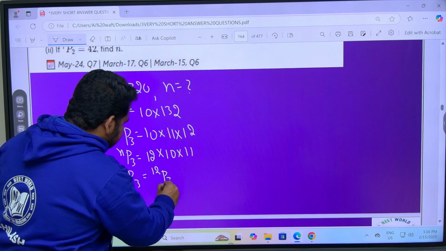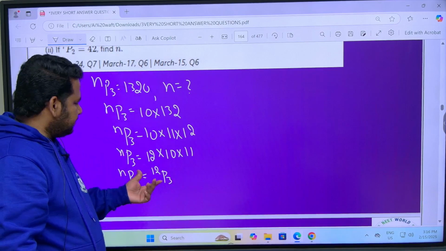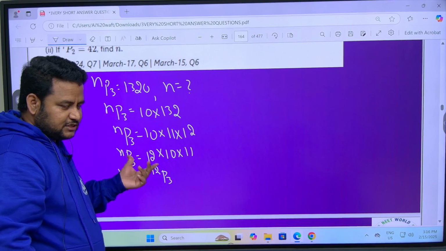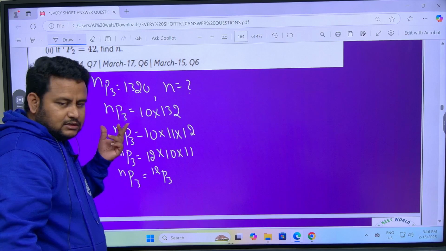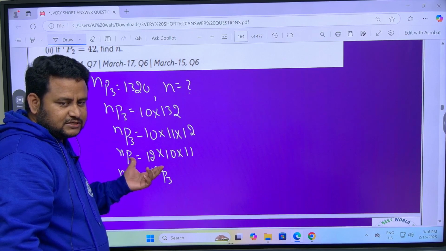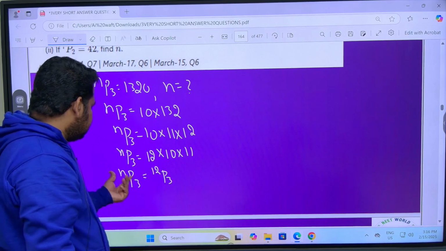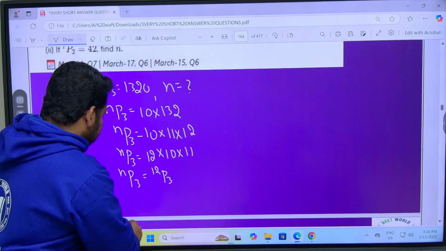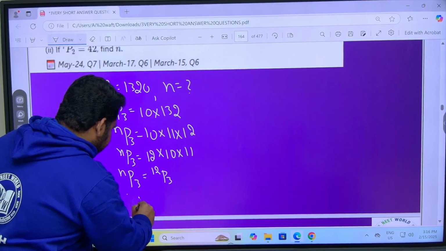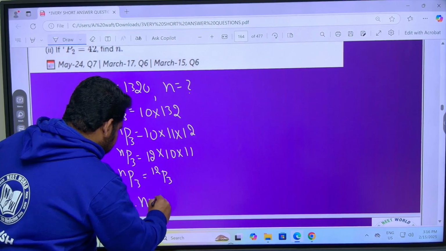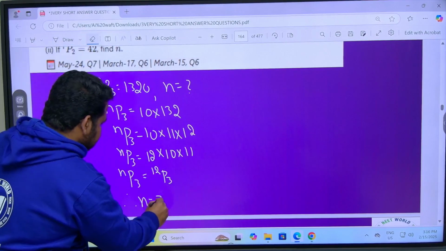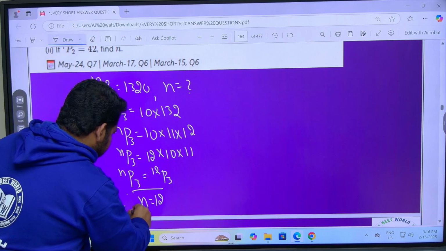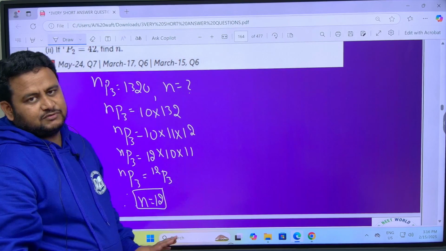That is the meaning of permutation: selecting from 12 different objects, taking 3 at a time. So NP3 will be equal to 12P3. Therefore, by comparing we get n is equal to 12, friends.